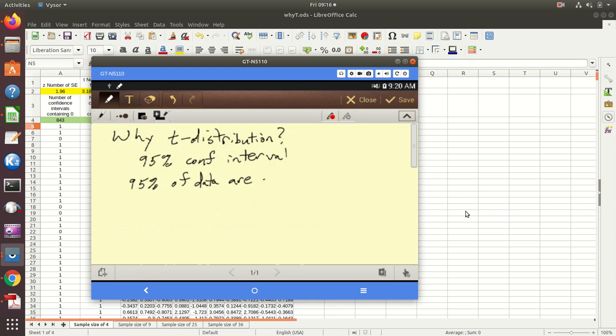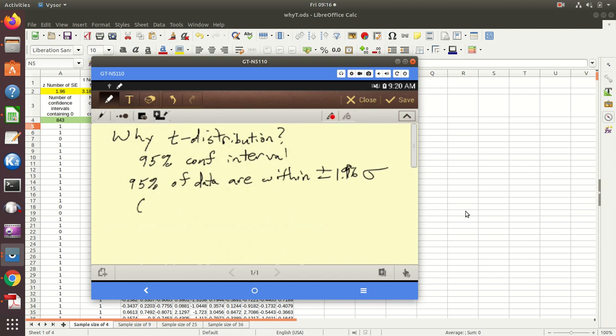Now the actual number is 1.96 sigma, so 1.96, about 2, and so we use that number to build our confidence interval.